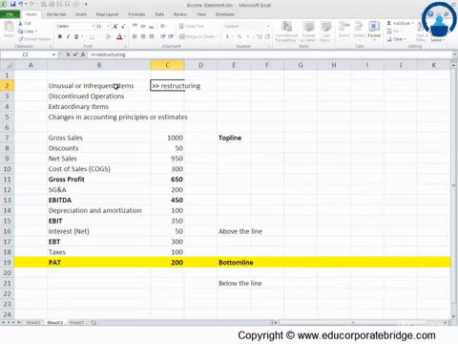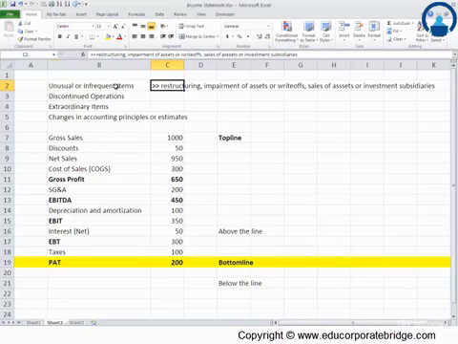Restructuring can be related to business realignments or organizational restructuring, and it can have a lot of costs associated with it, so that would be unusual or infrequent. Something like impairments of assets or write-offs can also be unusual or infrequent items. Sale of assets or investment subsidiaries can also be unusual or infrequent items.